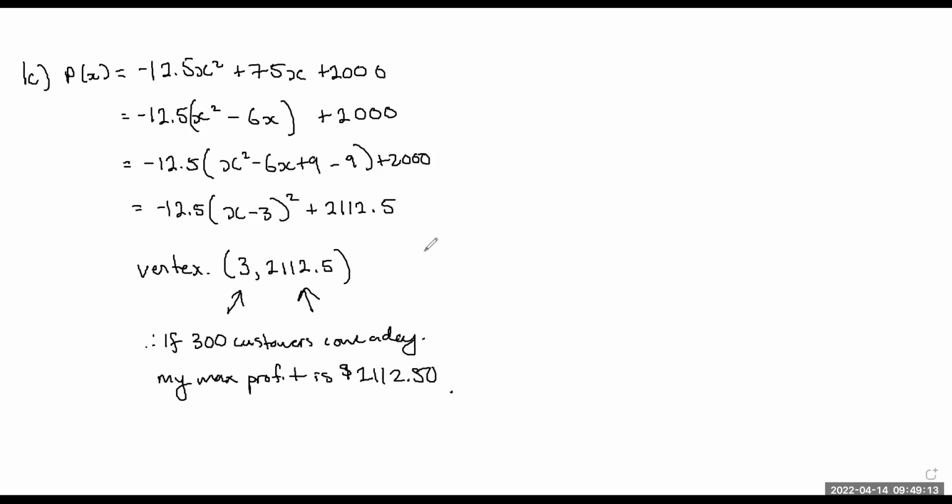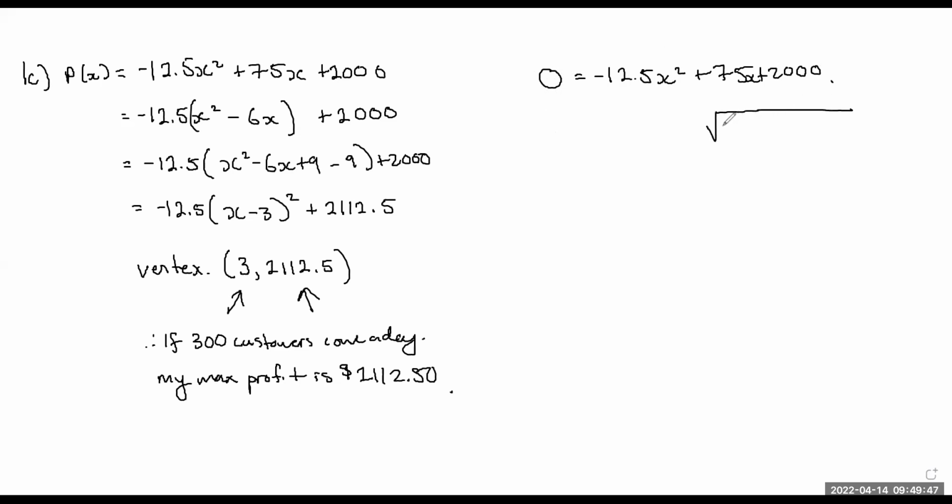Next, the second question in that same scenario asks what the number of customers would have to be if you wanted to break even. By even, I mean profit is 0. Does that look familiar? If you want to figure out what X is to make the Y value a 0, you're going to have to use the quadratic formula, right? So even before I do that, let me do the discriminant.